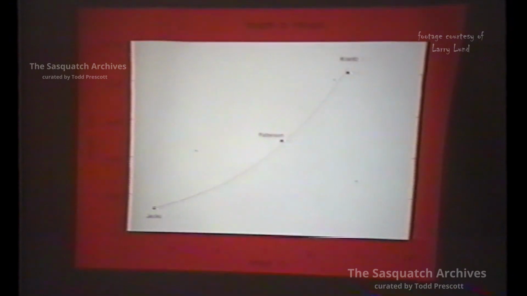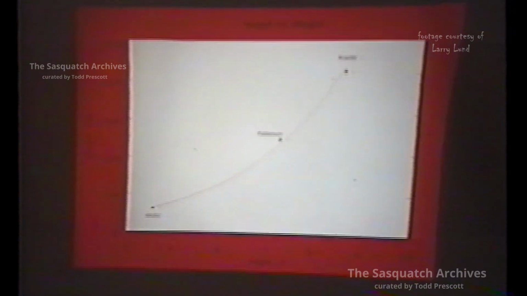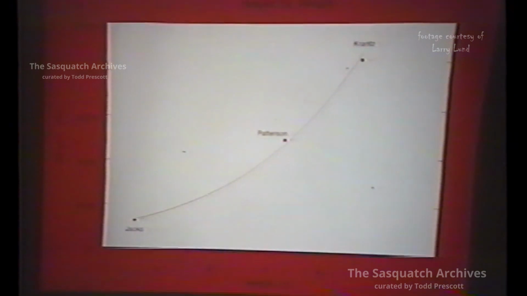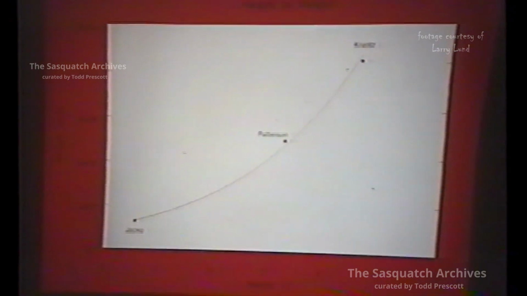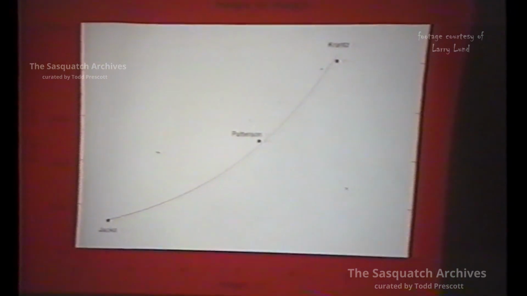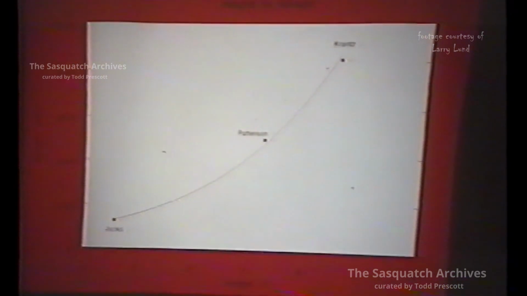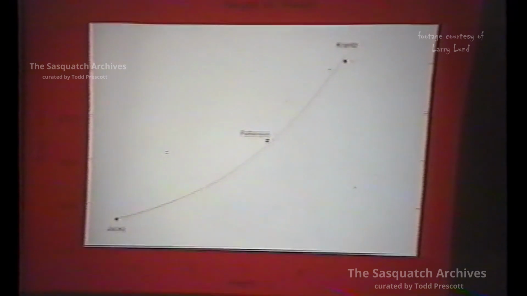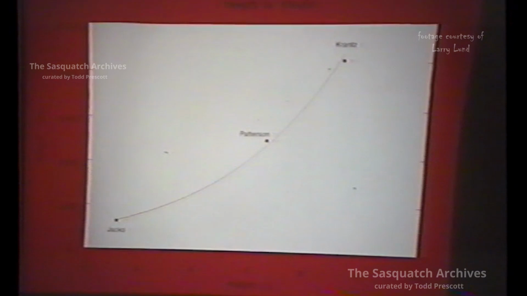extrapolation of weight that includes Jacko, who was weighed at the time under conditions of relatively uncertain health. I mean, it was obviously away from its mother, it was still young, and there's no telling in what health it was at the time. The Patterson Sasquatch is a weight that he extrapolated from the heel width and from simply measurements of cylinders of the creature as a whole.